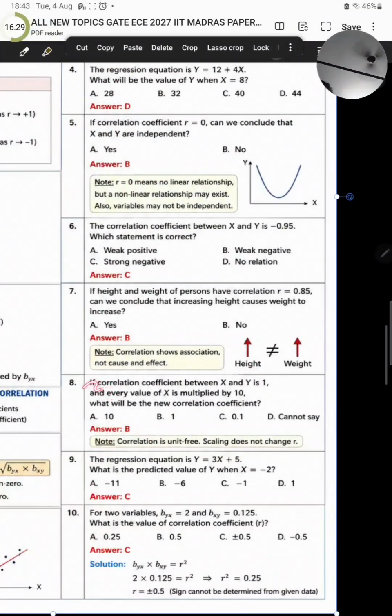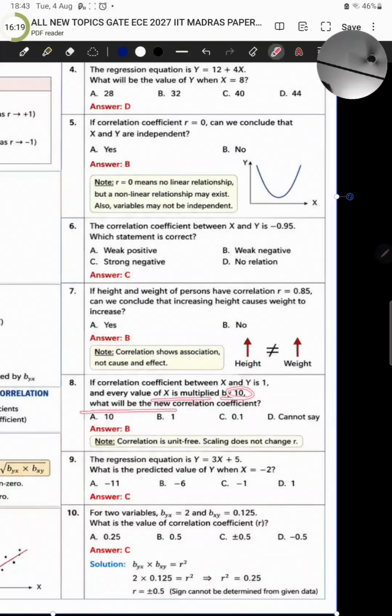Now the next question. If the correlation coefficient between x and y is 1 and every value of x is multiplied by 10, what will be the new correlation coefficient? Multiplying every x value by 10 is a scaling operation, but the correlation coefficient will remain the same.